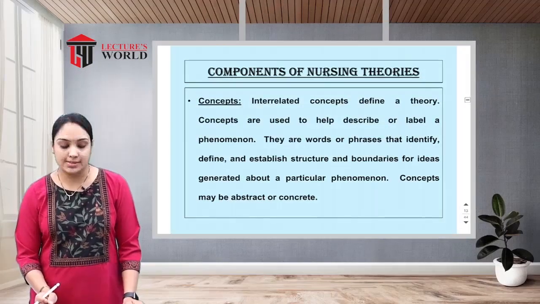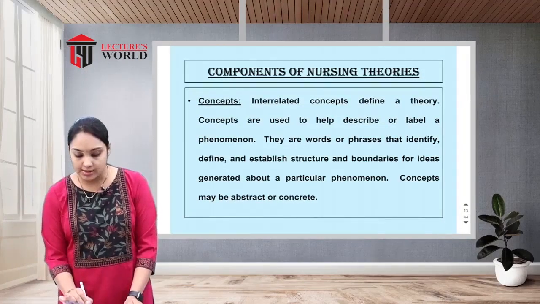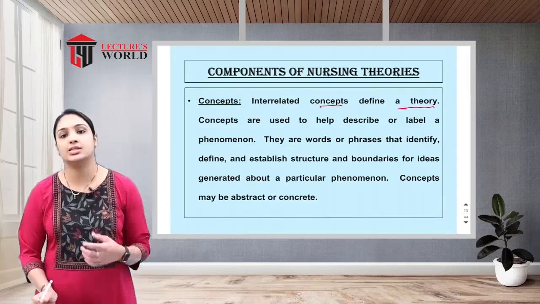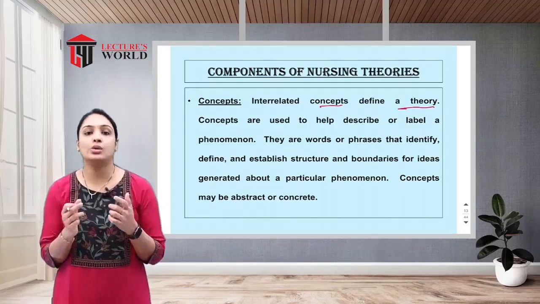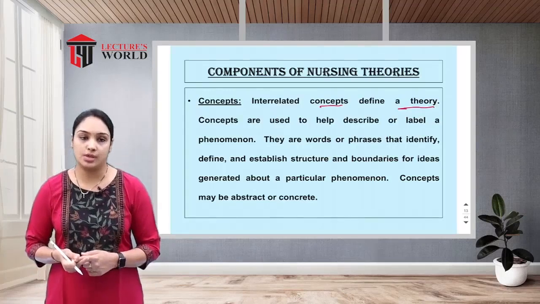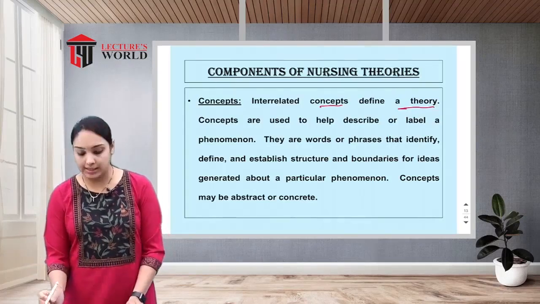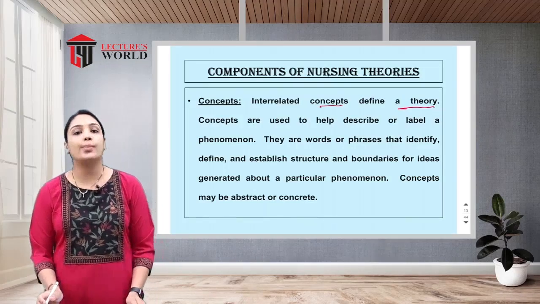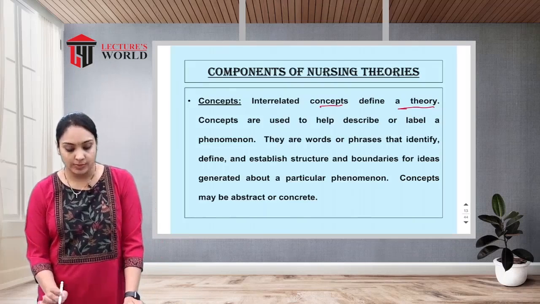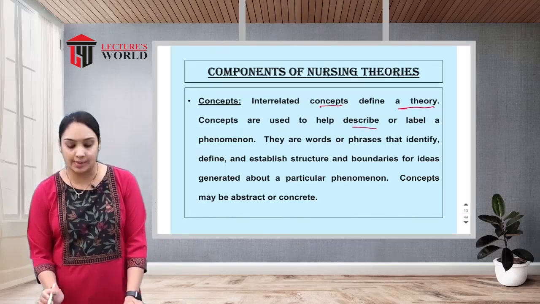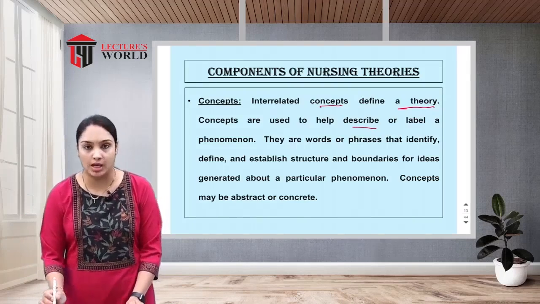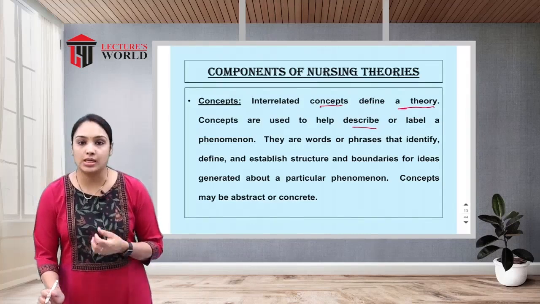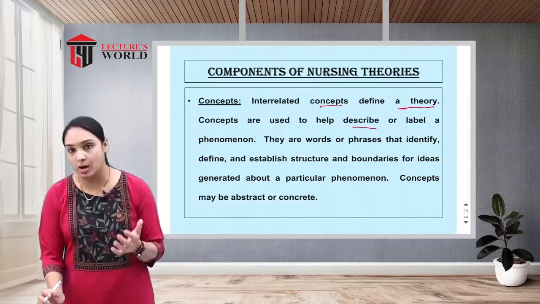Second is the concepts. Interrelated concepts define a theory. Already in the definition of theory we discussed that there is a concept showing interrelationships of particular things. So interrelated concepts help to define the theory, and concept is an important component of theory. They are used to help describe or label a particular phenomenon, meaning events or situations that have occurred.